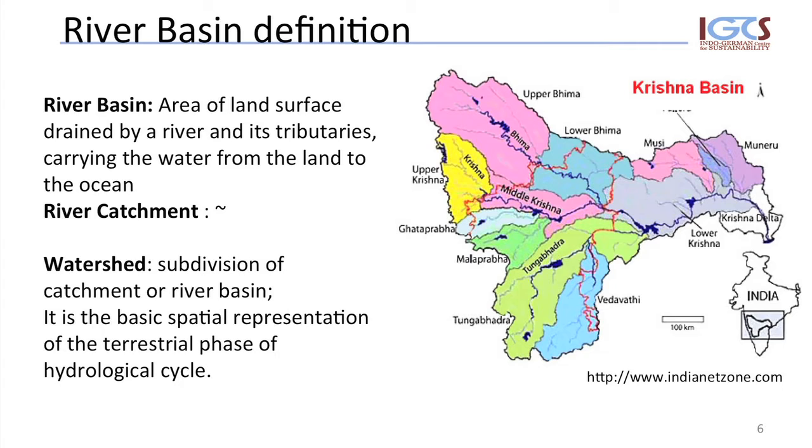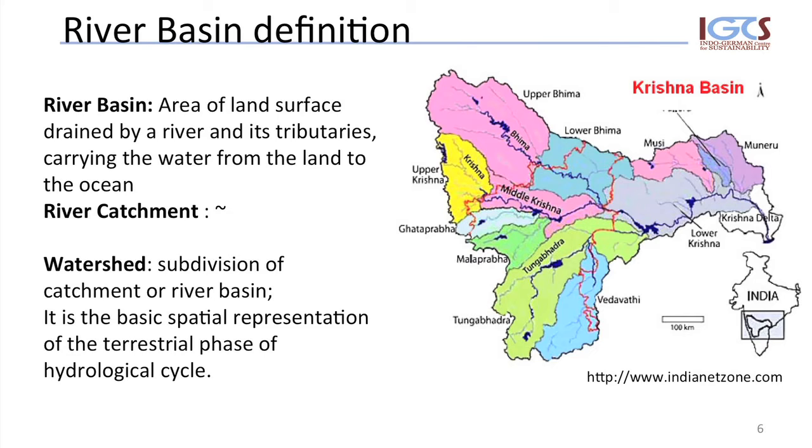Watershed is a subdivision of a catchment or a river basin, which means, looking into our example here, those colored sub-areas would correspond to watersheds or sub-catchments of the catchment area of the Krishna Basin. And we can study all those individually, or we can look into this at a river basin scale, depending on our needs and purposes.